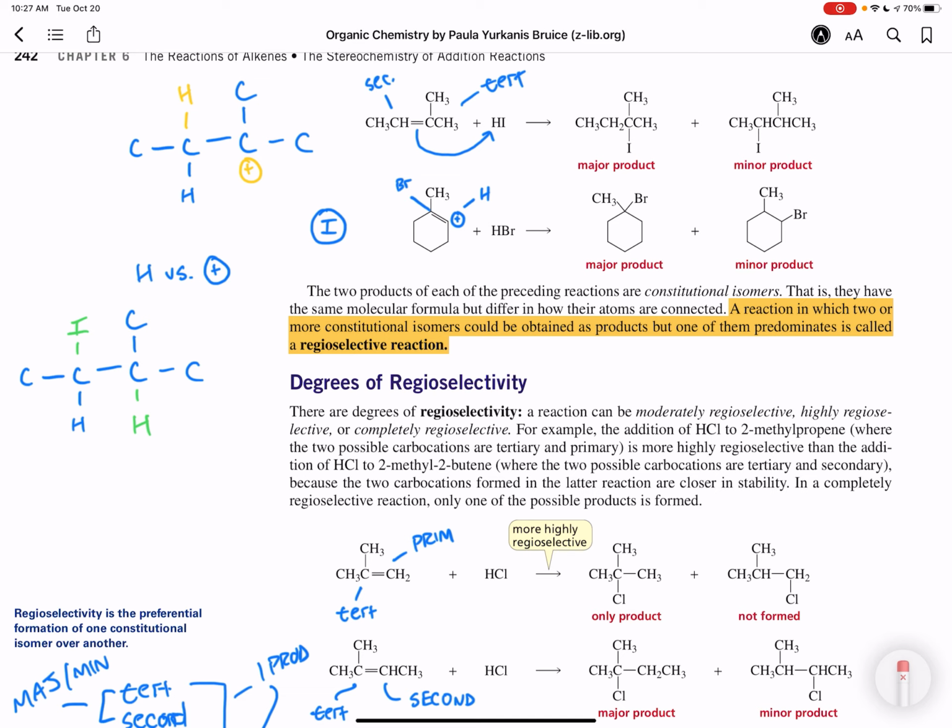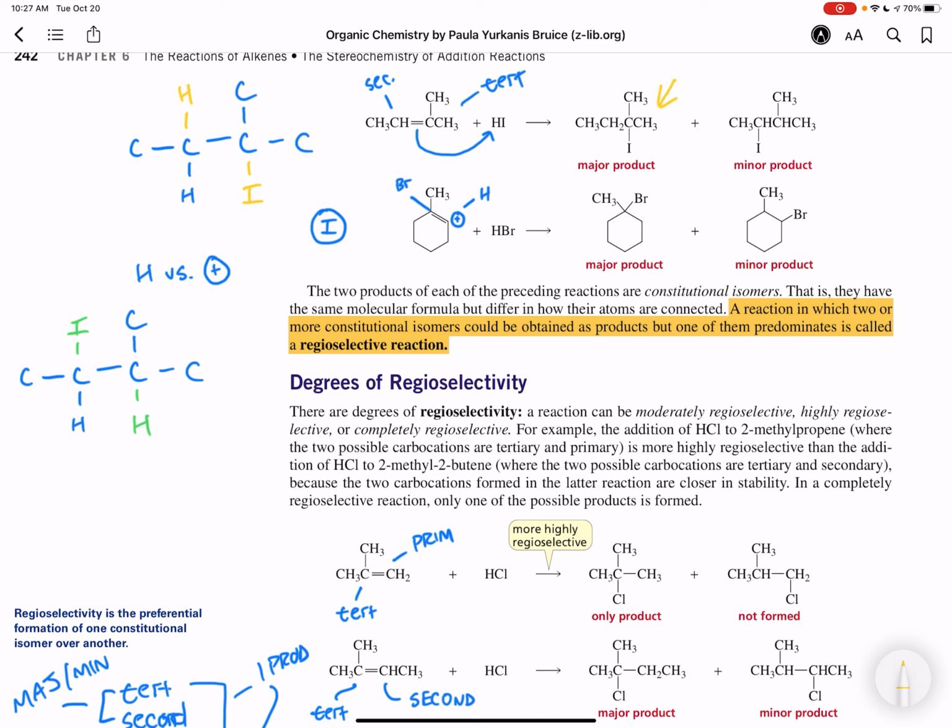So we don't need a positive charge in this case because we can use the iodine to neutralize this charge by putting this pair of electrons here, putting the iodine here, okay? That is why this is the major product. That is the one that is formed faster, and it is the one that is more stable, so it is going to be favored. And as we see over on the right here, that's why this is a major product.